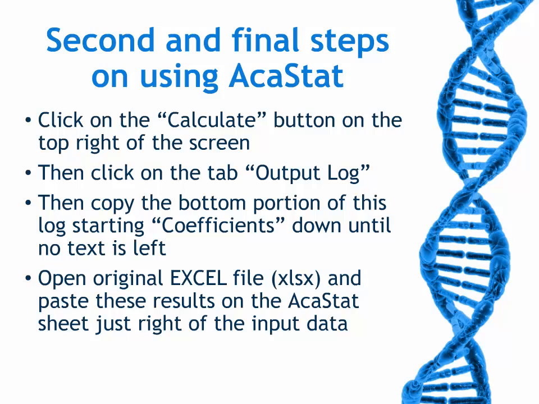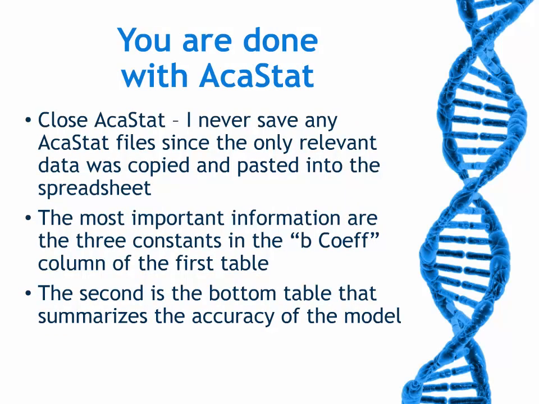Once you copy that, then you open your original Excel sheet to the AcaStat Sheet tab and just paste directly into your sheet to the right of your input data. This is a good place to store both the input and the output. Now you're done with AcaStat. You can close it.